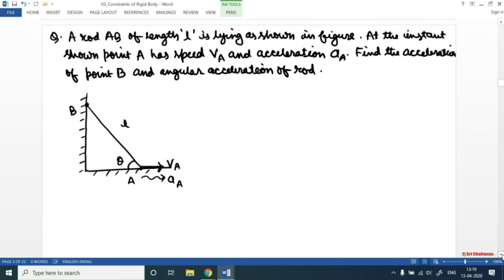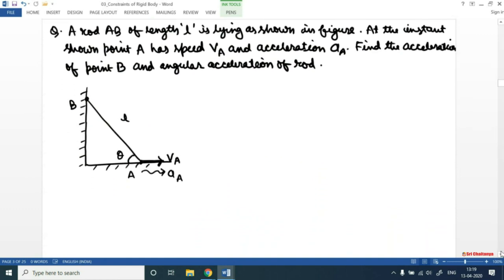So here in this question, you see a rod AB of length L is lying as shown in the figure. At the instant shown, point A has speed VA and acceleration AA, and we have to find out the acceleration of point B, and the angular acceleration of the rod as well.